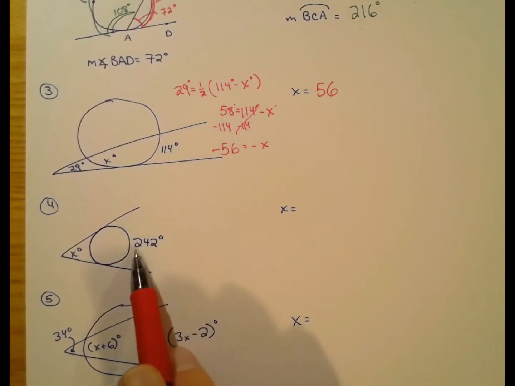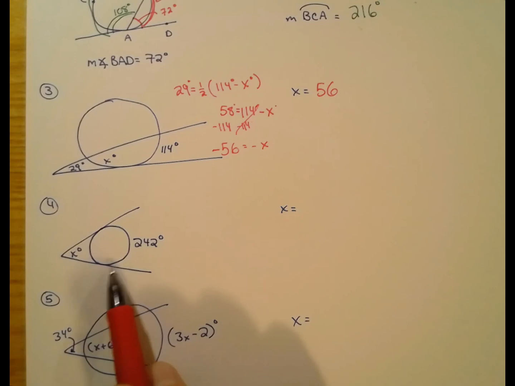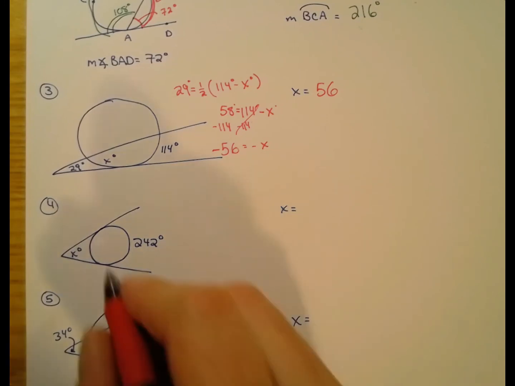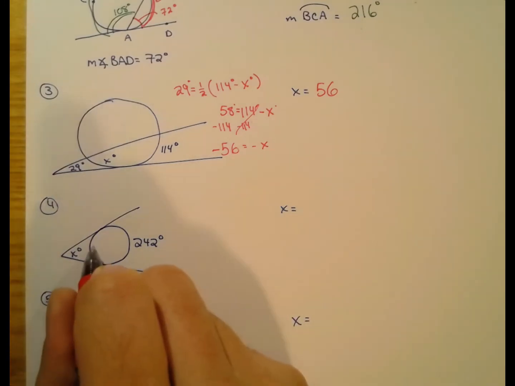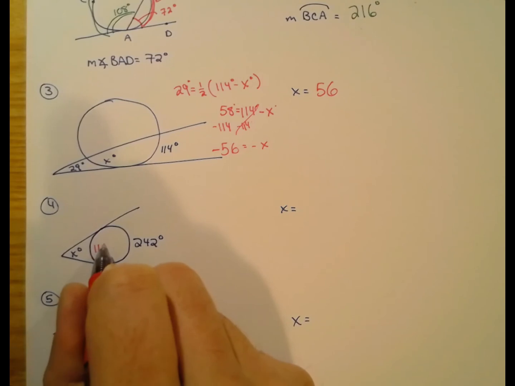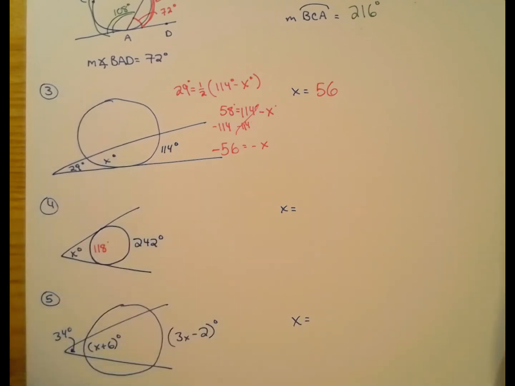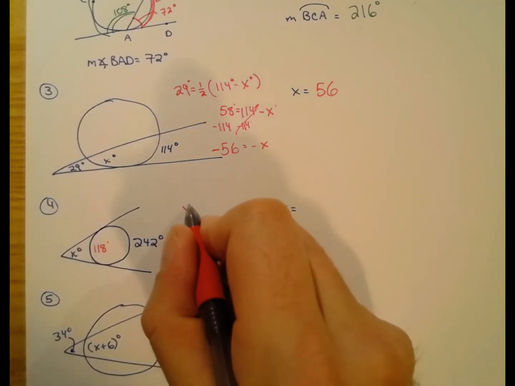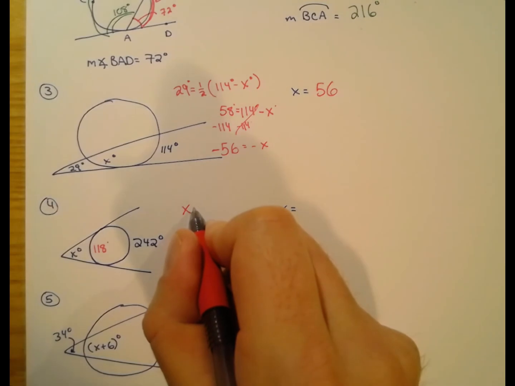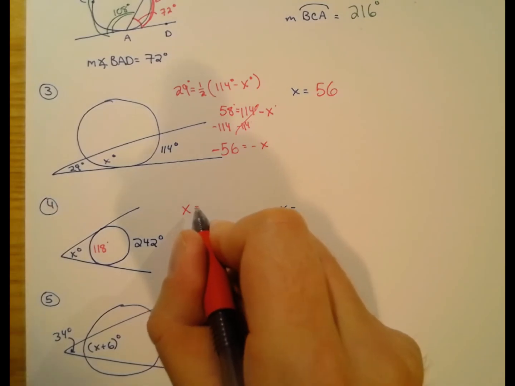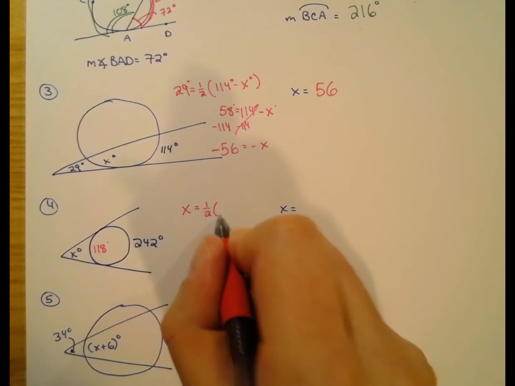So if this is 242 degrees of the major arc, then the minor arc has to be 360 minus 242. And then we can set up our equation that the angle outside the circle is equal to half the difference.